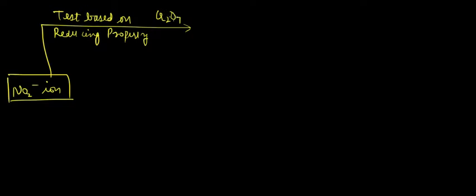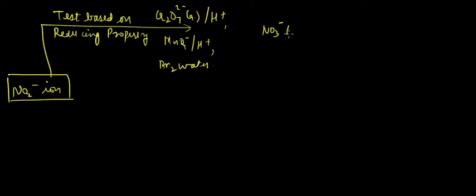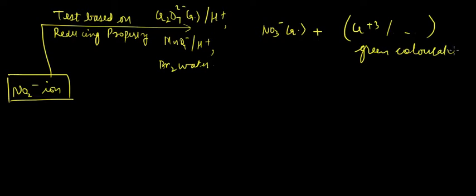We have Cr2O7 2 minus aqueous in H plus, we can also have MnO4 minus in H plus, we can have Br2 water. So this gives us NO3 minus aqueous and green coloration due to presence of Cr plus 3. So this is green coloration in case Cr plus 3 is formed.